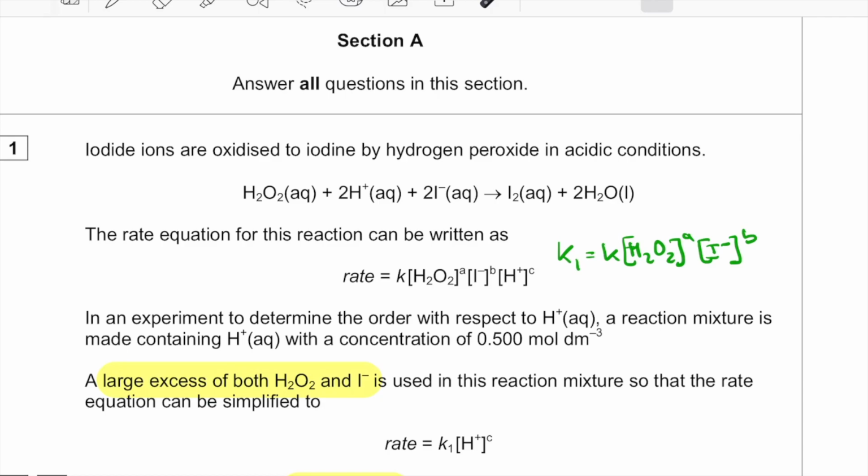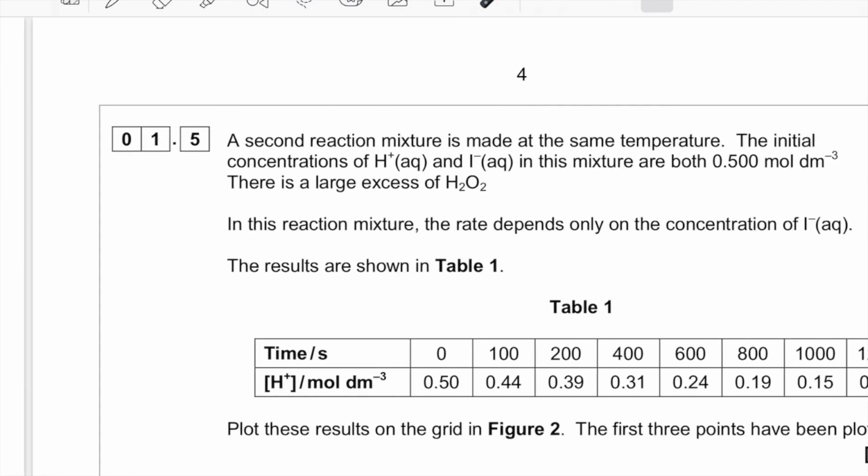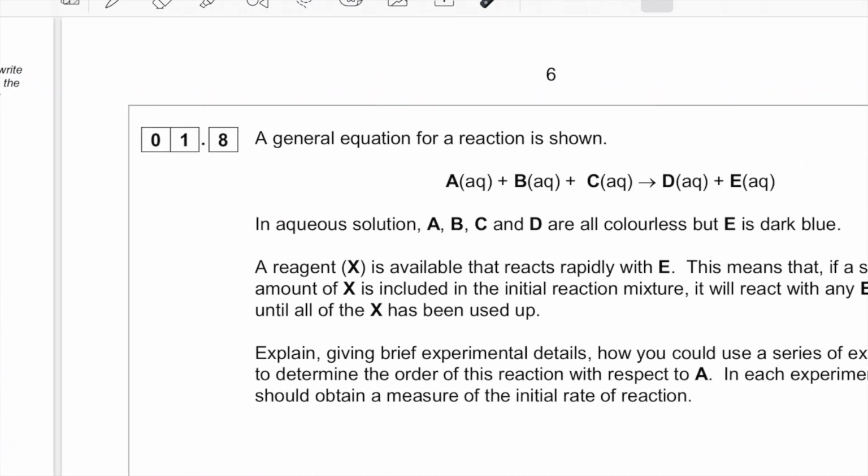So actually, we could add something to this reaction that would be the equivalent of X, and we could time how long it took for that iodine to then go blue-black in the starch indicator. So it's actually a very similar reaction. Anyway, we go back to it.